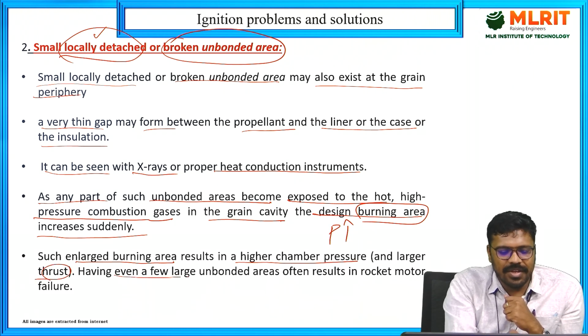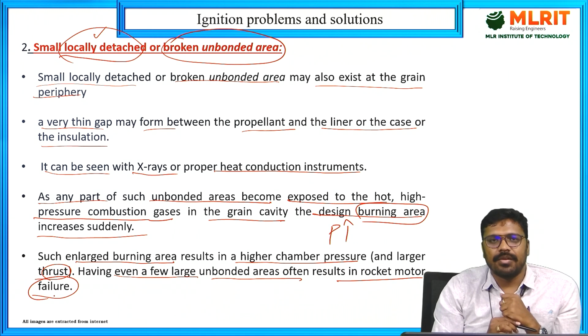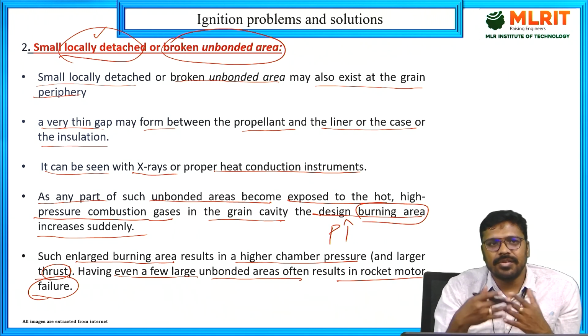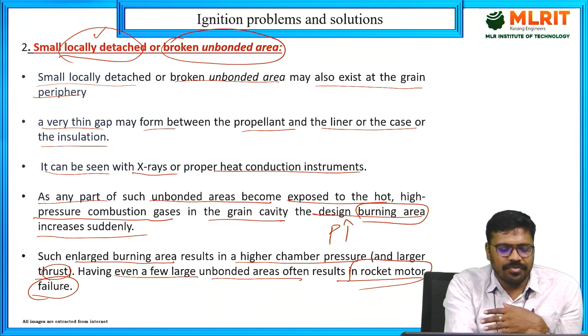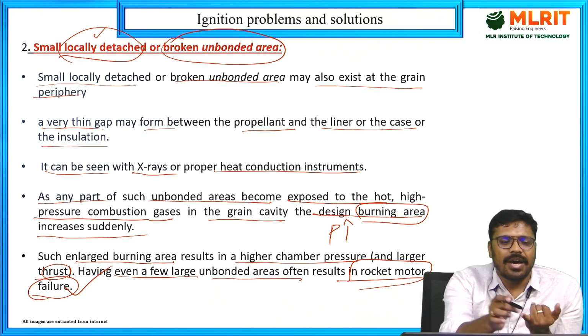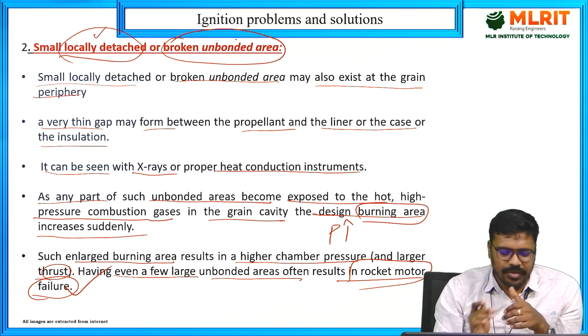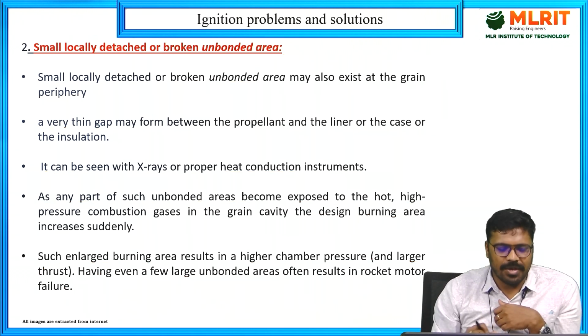So having even a few large unbonded areas often results in rocket motor failures. This sudden pressure increase because of the unbonded area leads to rocket motor failure. One is surface cracks, one is unbonded or locally detached propellant grain. These are the two main ignition problems we can observe while burning the propellant grain.